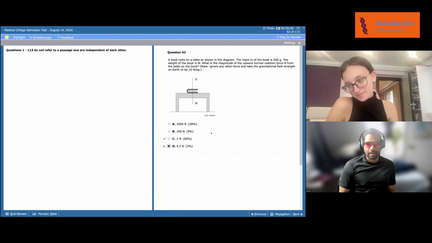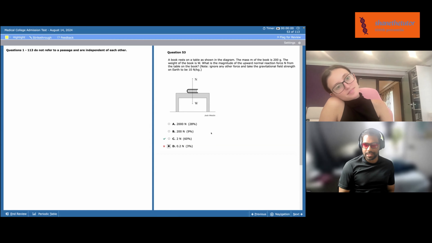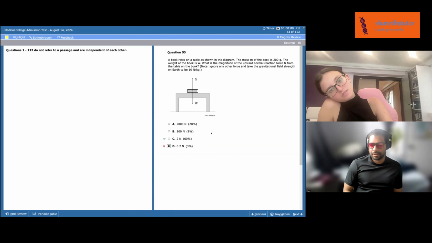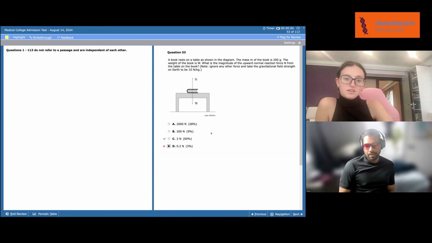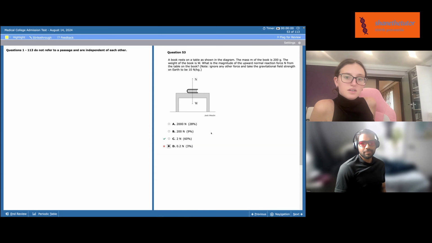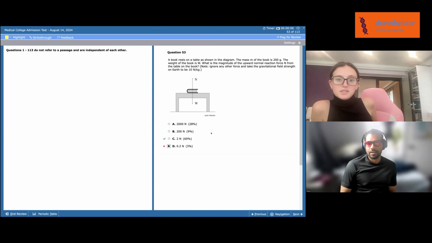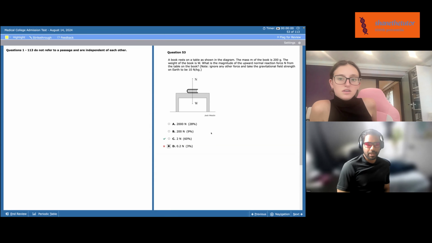Remember, it's F equals ma, mass times acceleration. Wouldn't that give 2000? Well, that's acceleration due to gravity, so think about units. 200 grams and 10 newtons per kilogram.